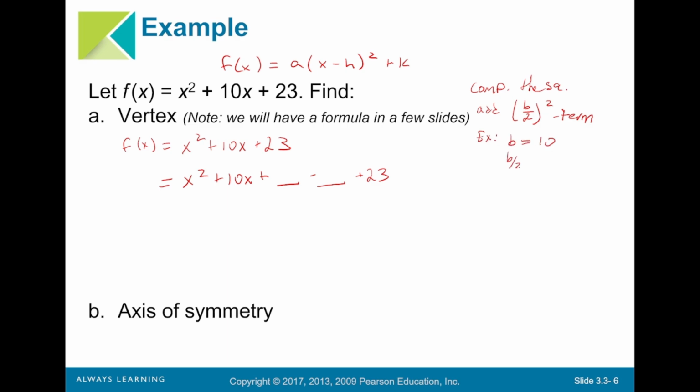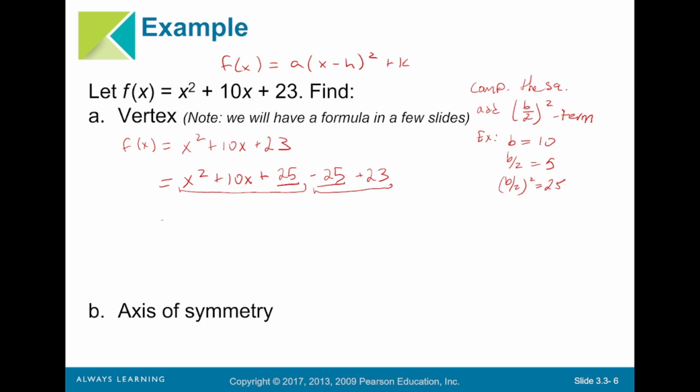That means b over 2 is 5, and b over 2 squared is 25. Therefore, our b over 2 squared term that we're going to add and subtract here, which comes from the same idea as completing the square, we're going to add and subtract 25. Then these three terms I can factor, and these two I can simplify.